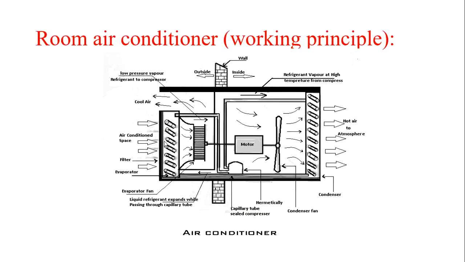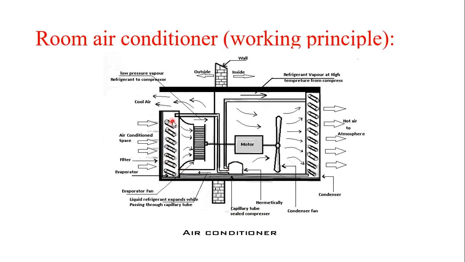Let us look into the working of the room air conditioner, how actually this system works. You see the figure, this part we call the evaporator coil, this part we call the condenser part. These two, evaporator and condenser part, are connected with the help of the compressor unit. Evaporator consists of a number of coils.